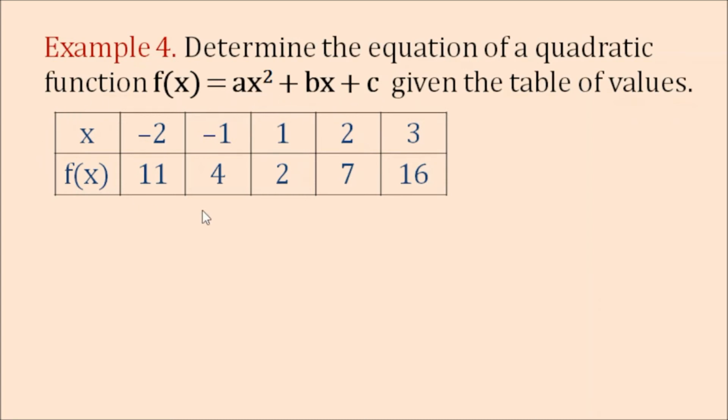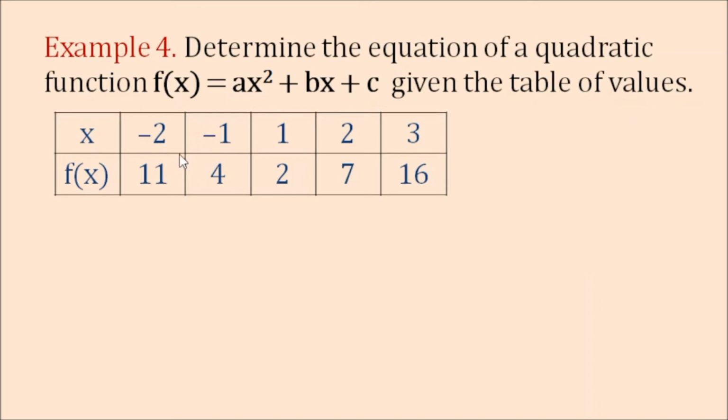And notice here we don't have zeros. So we could not use the strategy we used in the previous items. Now to find 3 values, we need 3 equations. And we can use any of the 5 points we have on this table.